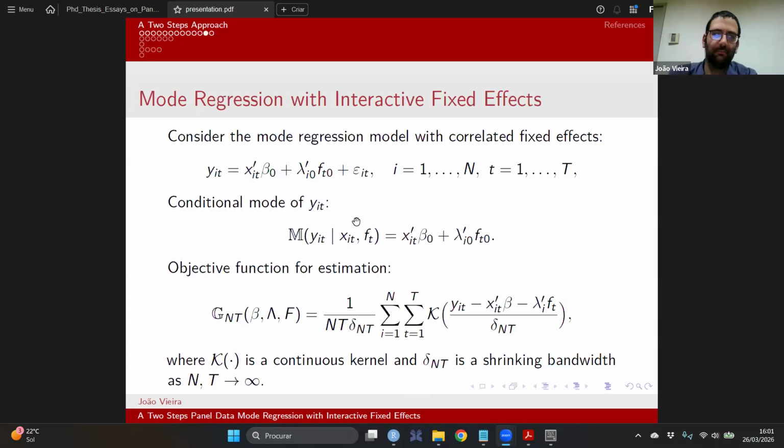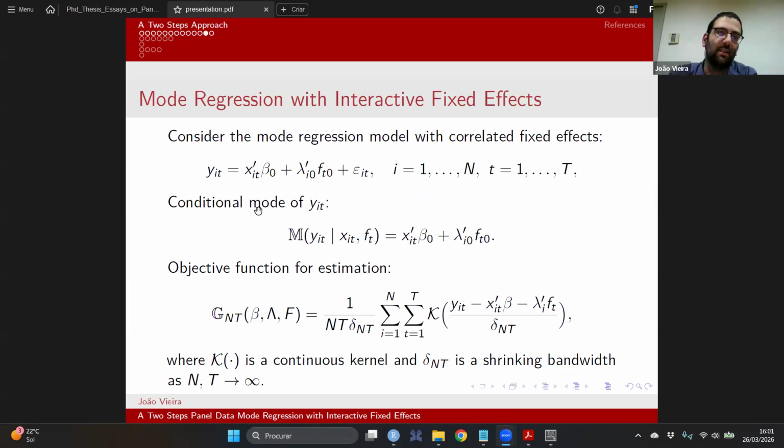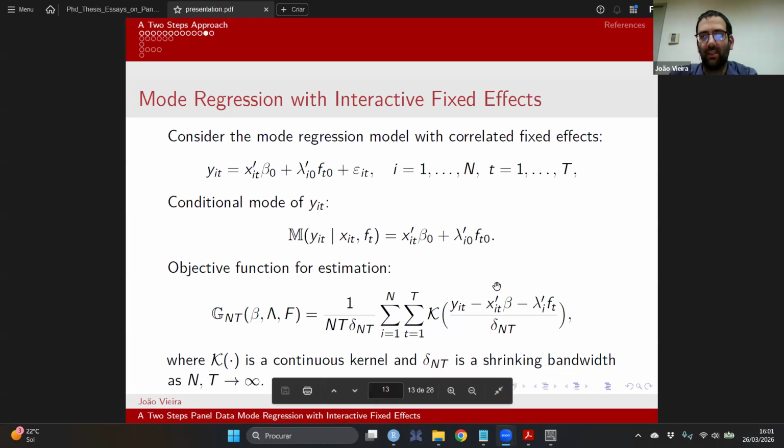So how do we do it? This is the regression fully presented. We have here the multiplicative part, but let's say the linear part. Here we are saying that we want to estimate the model dependent on the beta parameters, the factors, and the loadings, and the joint objective function is this one.